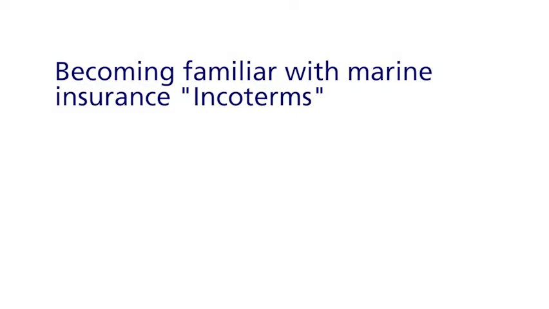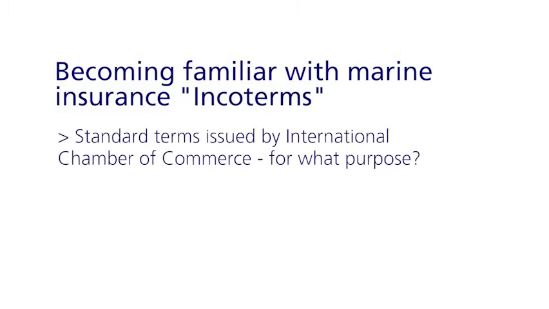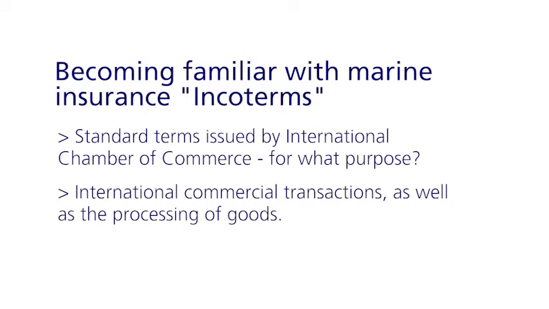So the Incoterm rules are a set of standard terms issued by the International Chamber of Commerce. These trade terms are used in international commercial transactions and also in the procurement processes of goods.